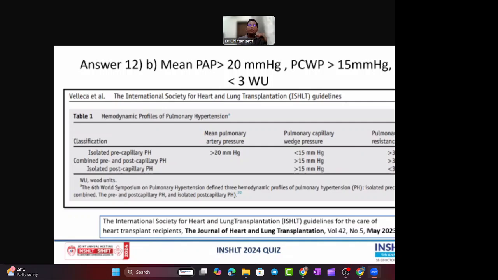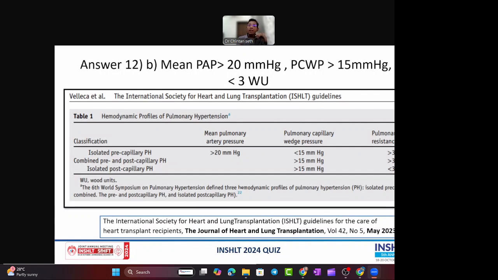Now, isolated post-capillary means it is because of a left ventricle related problem after the capillaries, meaning after the pulmonary capillaries in the lung. Because of mitral stenosis, mitral regurgitation, or maybe severe LV diastolic dysfunction, the pulmonary capillary wedge pressure will go up, so it will be more than 15 mmHg, but PVR is less than 3 Wood units.